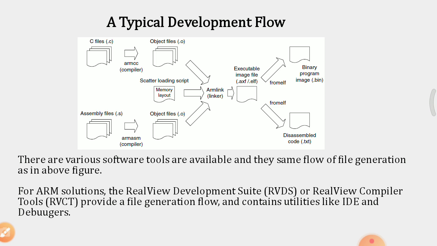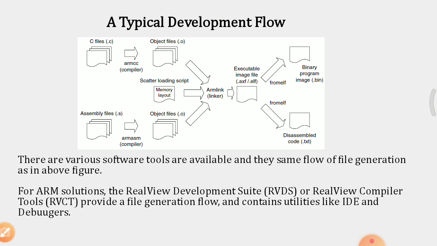After writing a .c program, a compiler is going to convert this program into an object file. Object file is a binary file, but it cannot be executed because the object file still needs some implementation with the memory layouts.